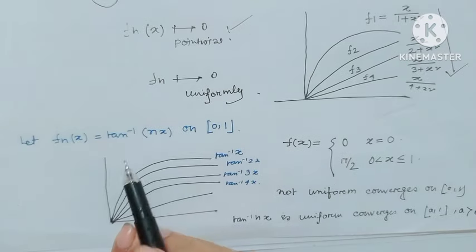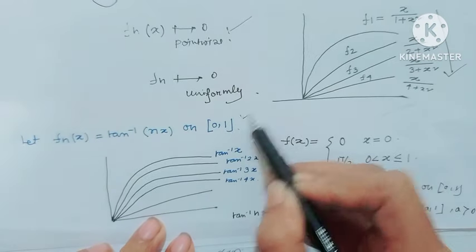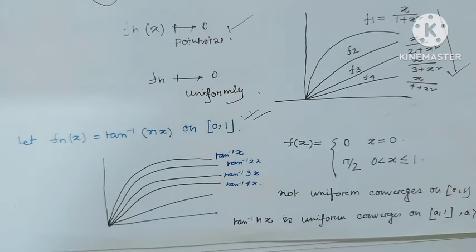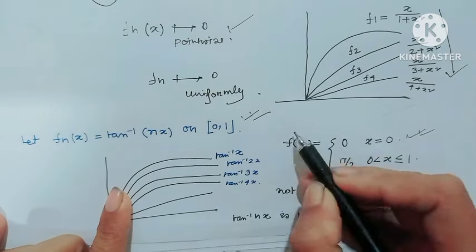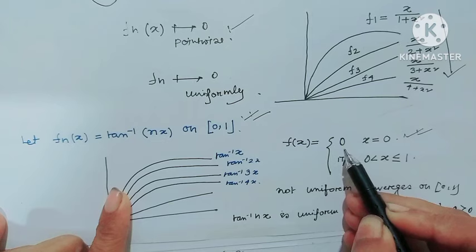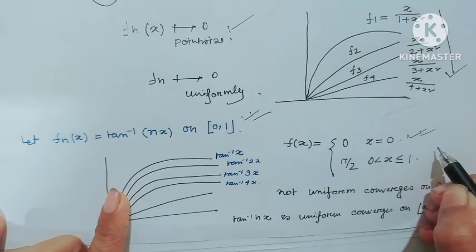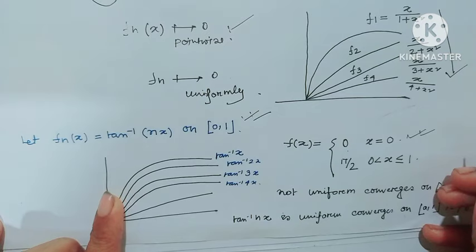Second, fn(x) equals tan inverse of nx on the closed interval [0, 1]. Notice the domain is the closed interval [0, 1]. But first, can I apply Dini's theorem? Notice, when x equals 0, fn converges to 0 because tan inverse 0 equals 0. But we know the limit as n tends to infinity of tan inverse of nx goes to pi over 2.